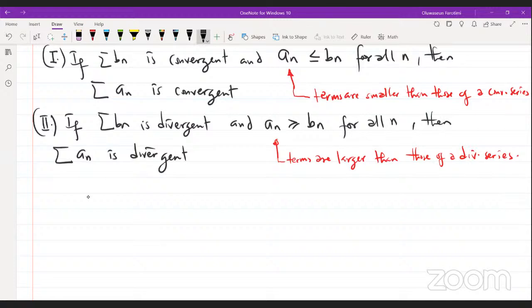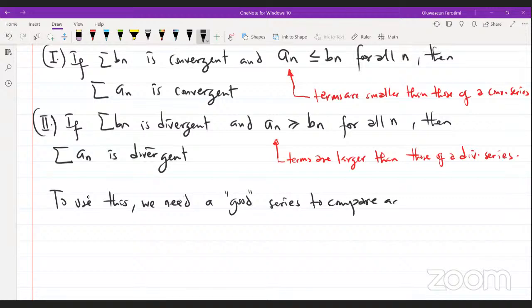Now, can I give you guys something that is going to be helpful? To use this, we actually need a good series. What do we mean by a good series? Pretty much a standard series that is known to either converge or diverge, to compare against.